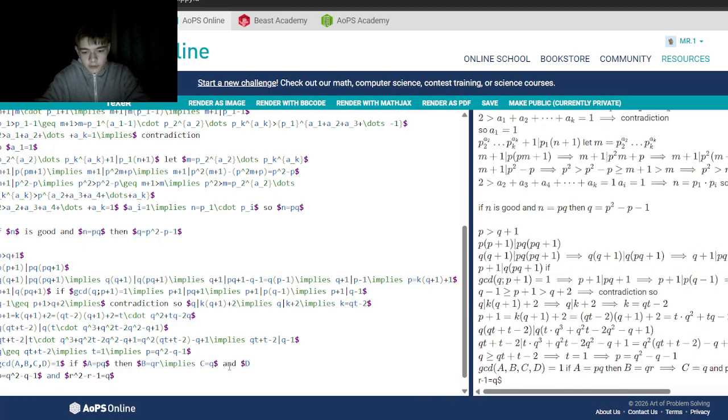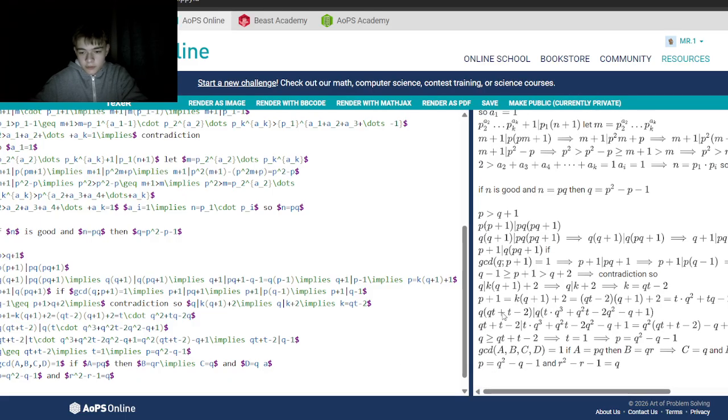And for D, it should be Q times something, A for example, okay? So D is equal to QA, let's say. A is not equal to Q squared minus Q minus 1.